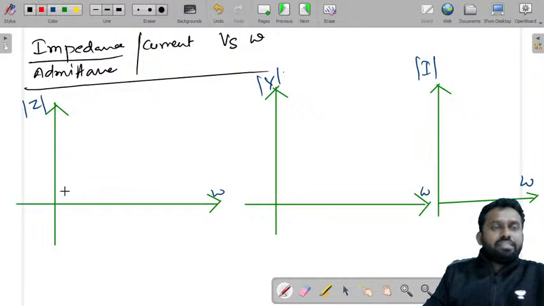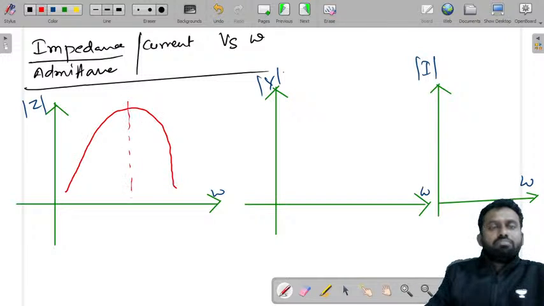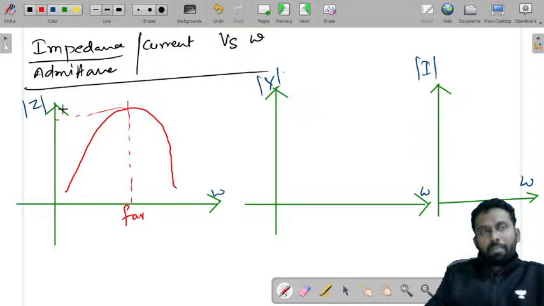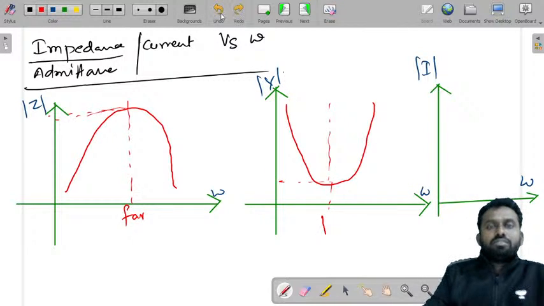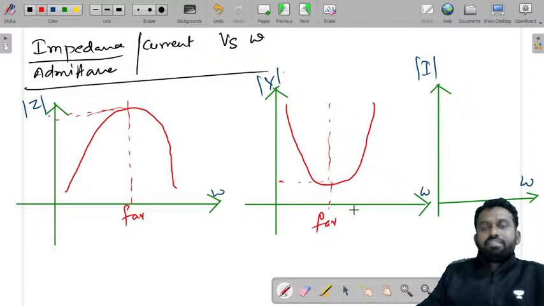So impedance is this part, which is maximum at anti-resonance f_ar, and admittance will be the reciprocal of impedance, which is minimum at anti-resonance.